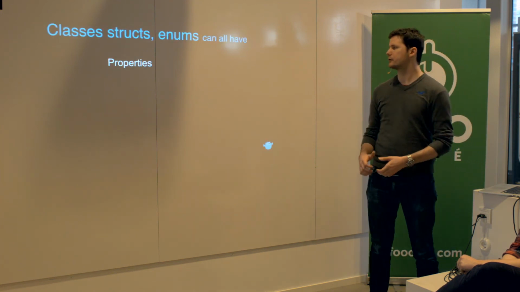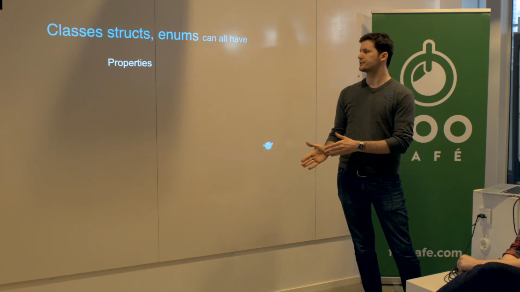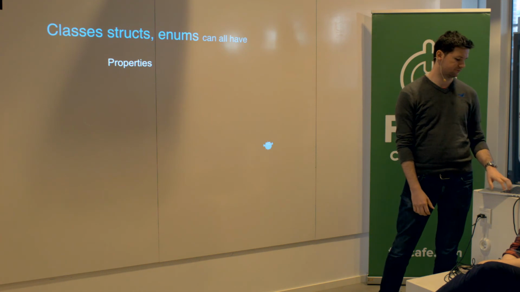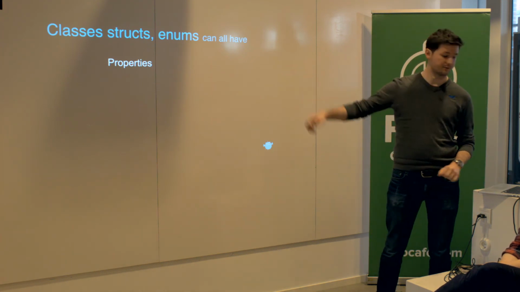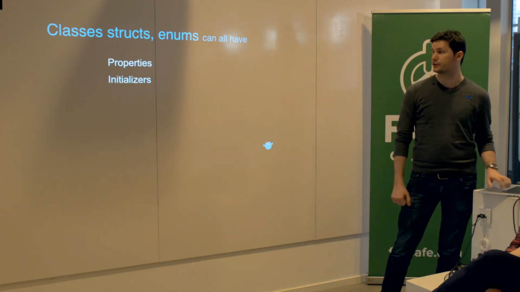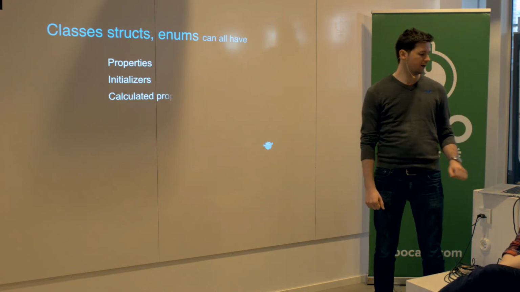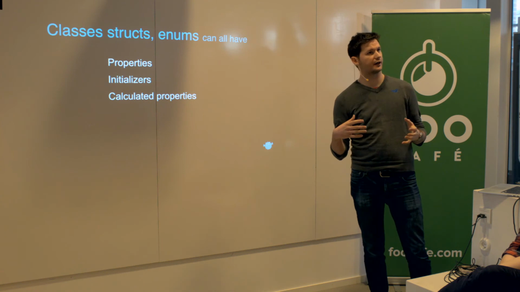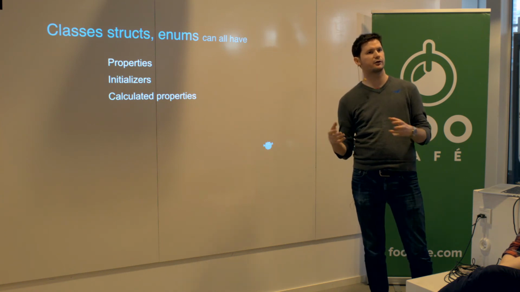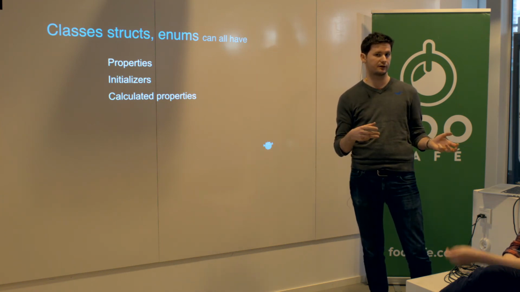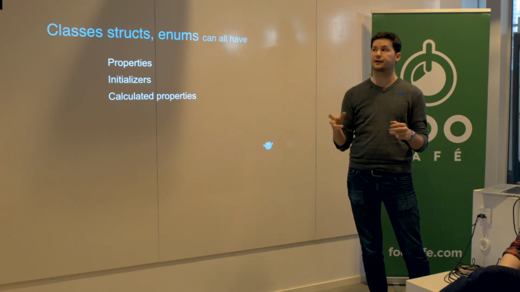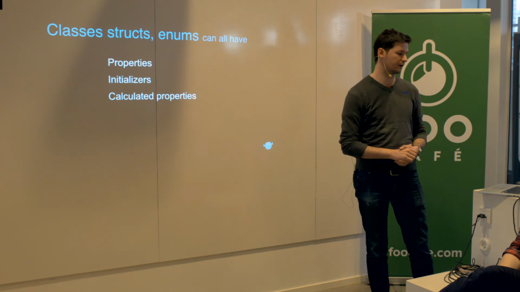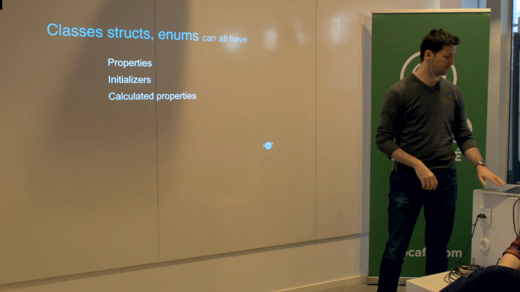Let's take a little bit more look at classes, structs, and enums, and what they all can have. They can all have properties. They can all have initializers, calculated properties, which is pretty much a nicer way of typing a function that returns a certain value, and another function that sets that same value, if you want to have a settable calculated property.